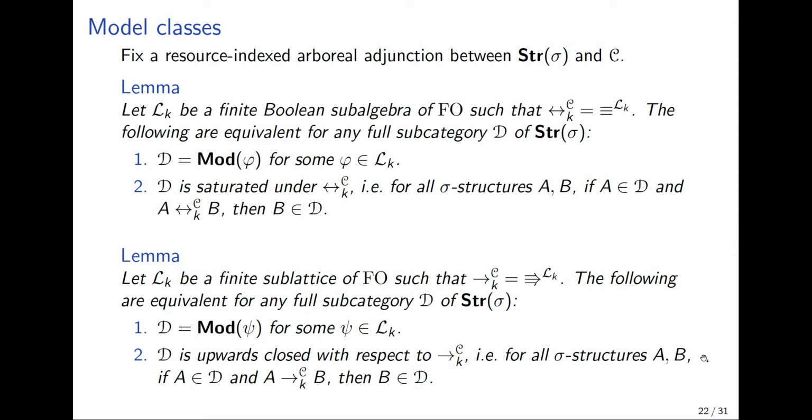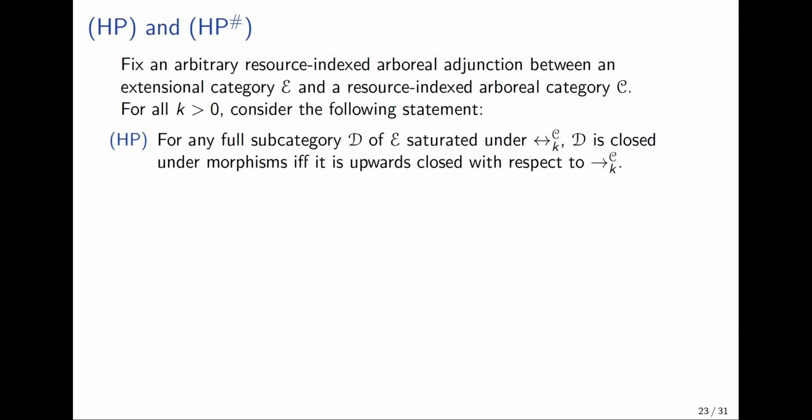Now, if you forget about the concrete case of sigma-structures, you can write down a statement, and this statement HP makes sense whenever you have a resource-indexed adjunction between some category E, here I'm calling it extensional category, but it's just some category E, and a resource-indexed category. And the statement says that for K and for full subcategories D of E that are saturated under K-bisimilarity, D is closed under morphisms if and only if it is upwards closed with respect to K-homomorphisms.